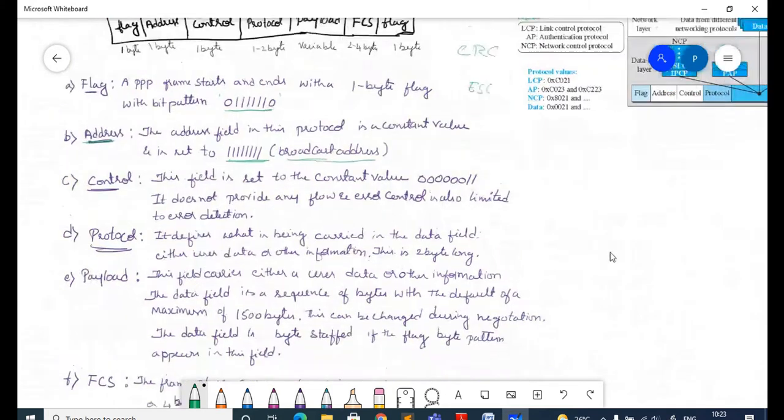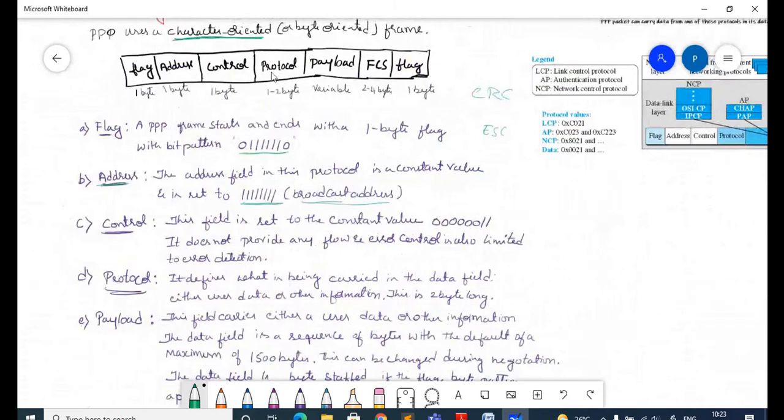Next, the field is protocol. The protocol defines what is being carried in the data field. The payload is called the data field. So what is it carrying in this field? This question arises because, as I told you, in HDLC there are different types of frame. To carry different information, if it is an acknowledgement, the frame structure is going to be different.